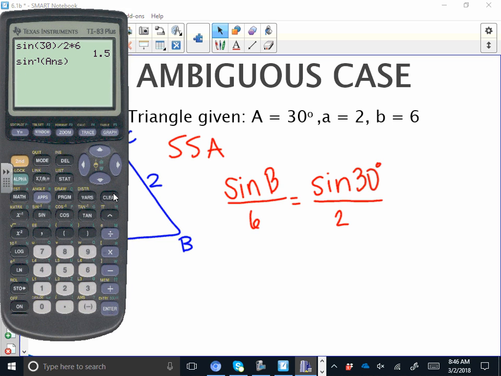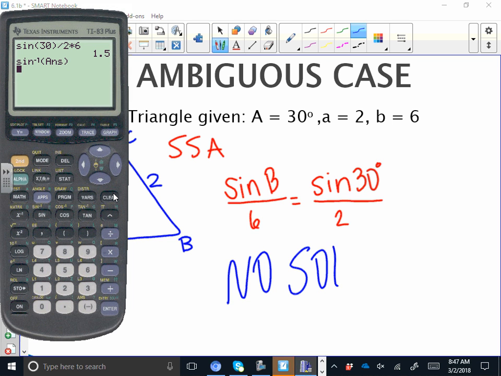Why is there an error? It's out of the range. 1.5 is bigger than 1. Therefore, it's not in the range of sine. Okay? So, if you get an error, that means no angle can exist. That side is too short to meet up with whatever the third side would be. There's no solution.